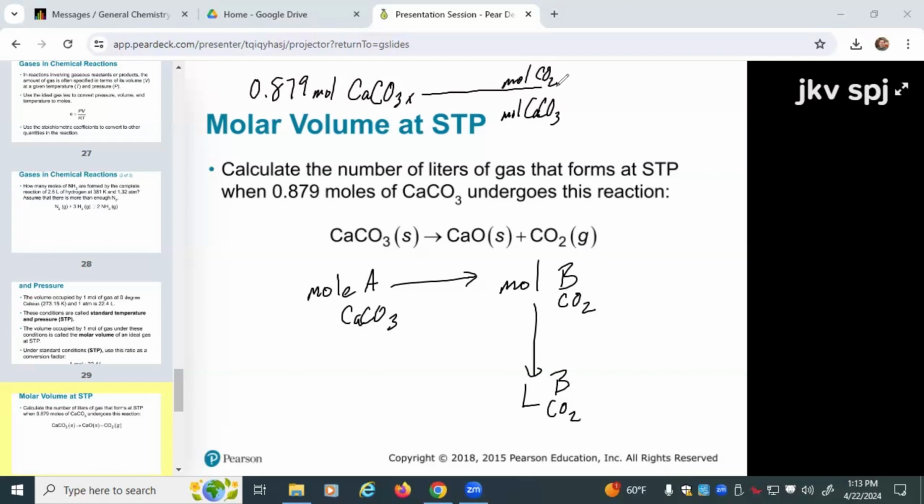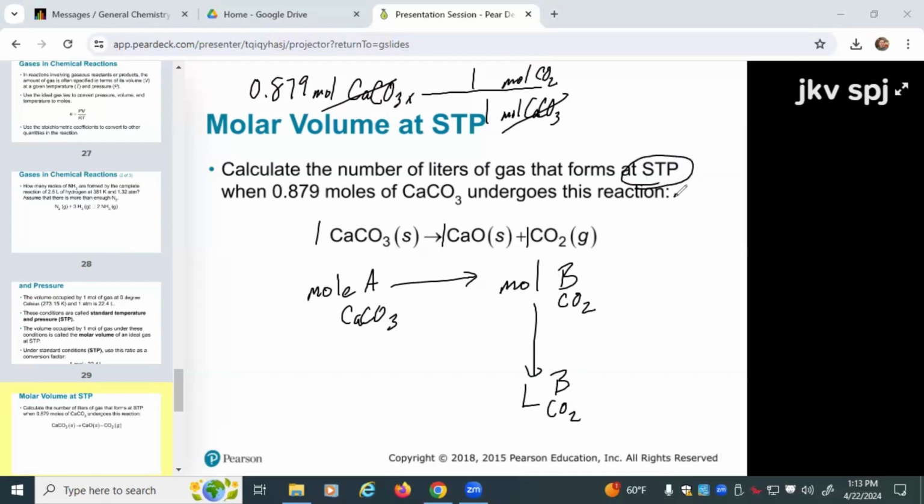You need to look at the balanced chemical equation itself. And the balanced chemical equation says that every calcium carbonate generates one calcium oxide and one carbon dioxide. The relationship here would be 1 to 1. Moles of calcium carbonate cancel out.